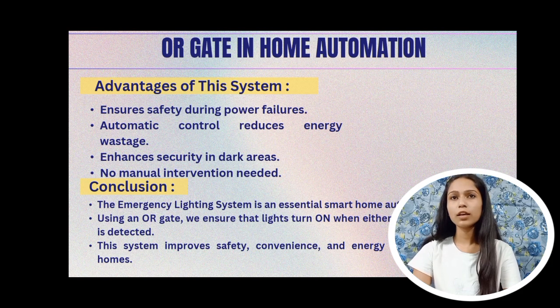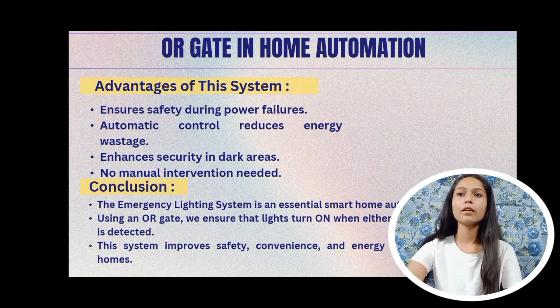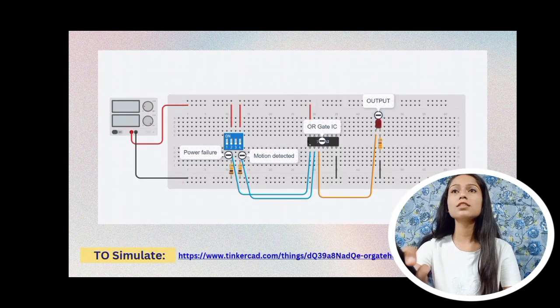Using an OR gate, we ensure that the light turns on when either power fails or motion is detected. This is the simulation of the OR gate. We will see this.